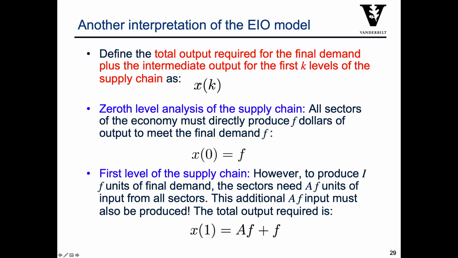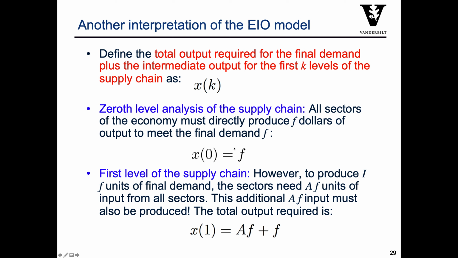And the art really is to think about this vector x as the total output required for the final demand plus the intermediate output for the first k levels of the supply chain. In other words, k is going to tell us basically how many times we've been on the phone telling people to build more stuff because we don't have enough resources to produce the final demand that we're after.